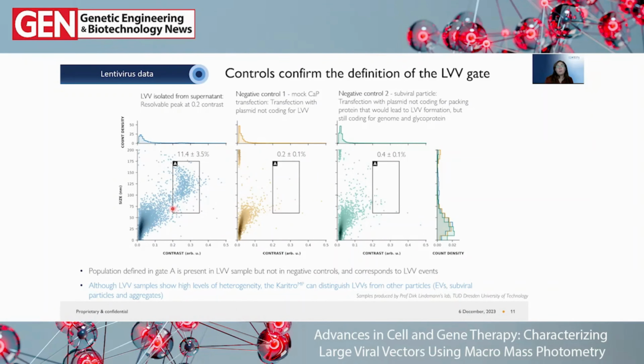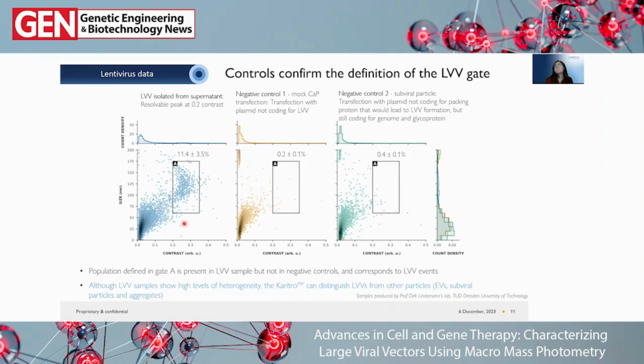Of course, we needed a way to prove that. We needed a way to prove that this was exactly the case, and also to be sure that the lentivirus population is represented by the gate A, so that we can apply it also to all other lentivirus samples.